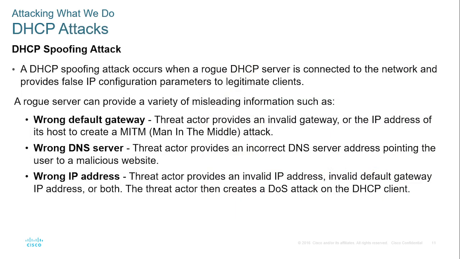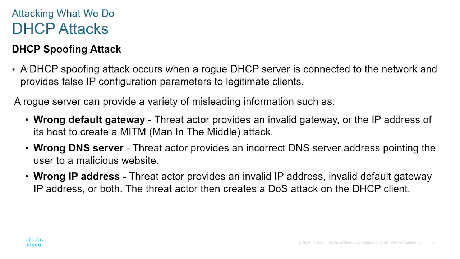So what are some of the weaknesses that can come with that? We have what we call a DHCP spoofing attack. How does it happen? It happens when a rogue DHCP server is introduced into the network.